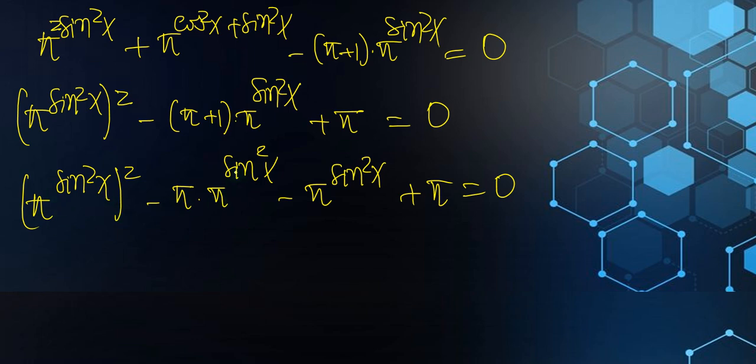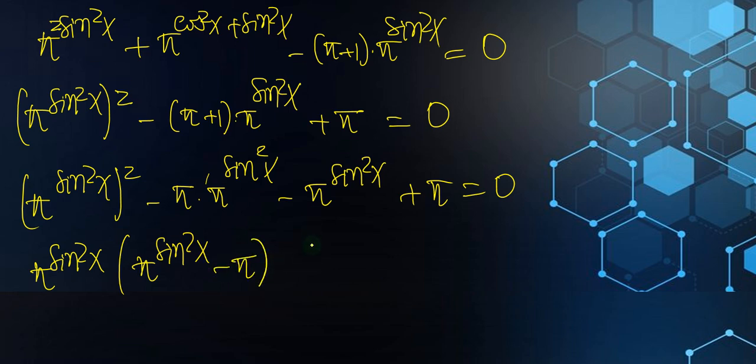Here the common term is pi to the sine square x, so we factor it: pi to the sine square x multiplied by pi to the sine square x minus pi, and then minus pi to the sine square x minus pi, equals 0.